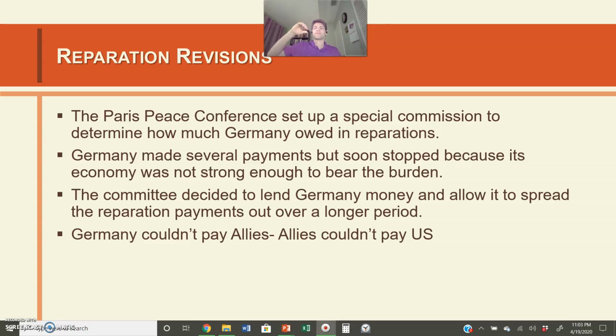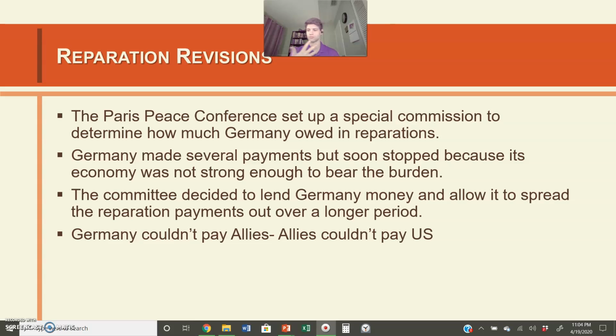So the US is going to try and pay Germany to try and get some of that money. It's weird. Well, none of it actually happens, and Germany was not paying their bills for a long time. And finally, the United States is like, okay, let's just put a pause on it.